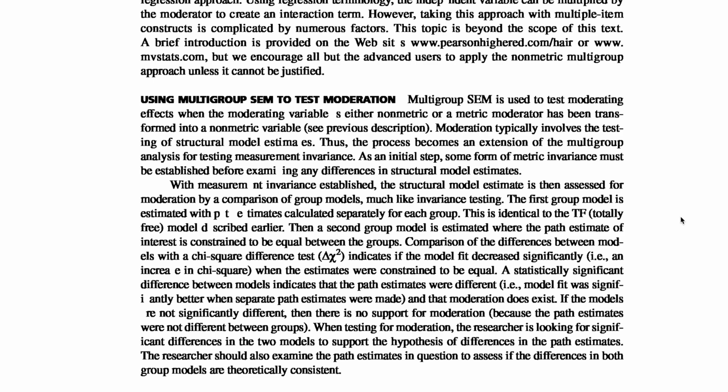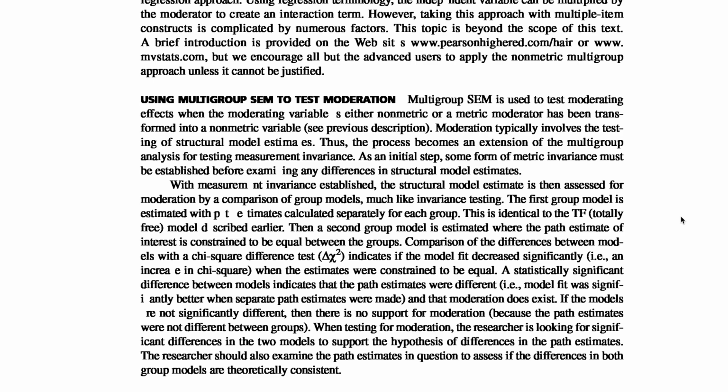As an initial step, some metric invariance must be established before examining any differences in structural model estimates. With measurement invariance established, the structural model estimates are assessed for moderation by comparison of group models. Much like invariance testing, the first group model is estimated with the parameters calculated separately for each group.